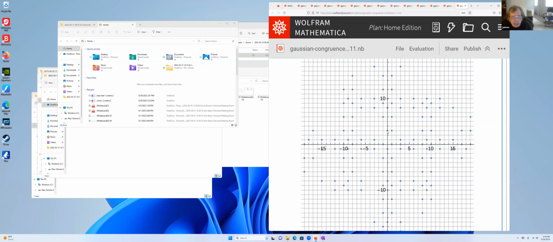And so this is the splitting pattern over the Gaussian integers. This is the Gaussian congruence pattern for the splitting pattern for the cube root of 1 to the 1/3.